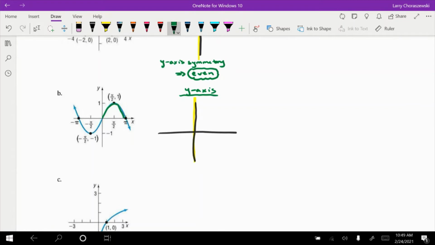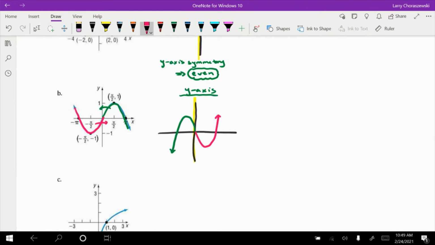So this piece to the right of the y-axis is going to get mirrored across it. And when you do so, this is what results. And then we'll do the piece that's to the left of the y-axis. And that would complete our y-axis reflected graph.